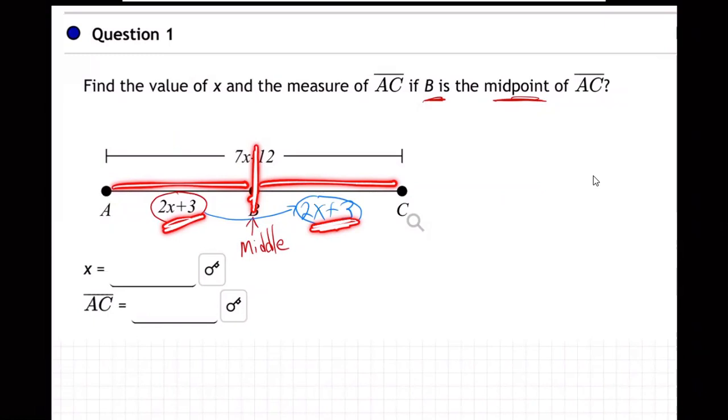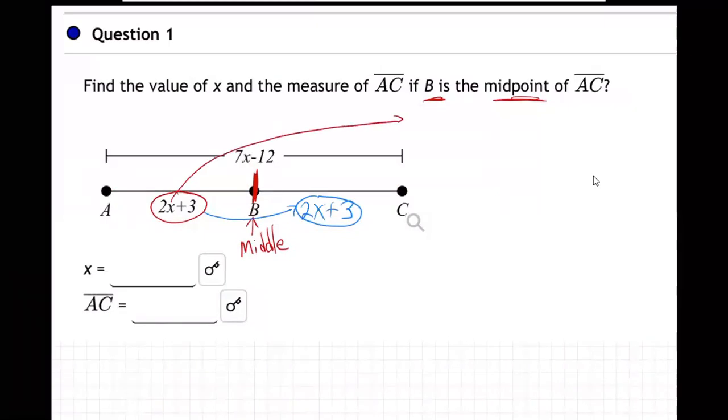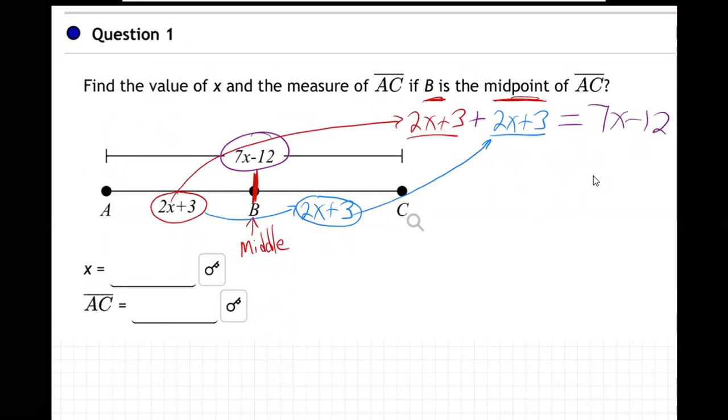Okay, so what does that mean then? Well, that means that if we take 2x plus 3, and then the other one, 2x plus 3, and we add them together, they're going to have to equal the whole 7x minus 12, because that's the whole distance, right?